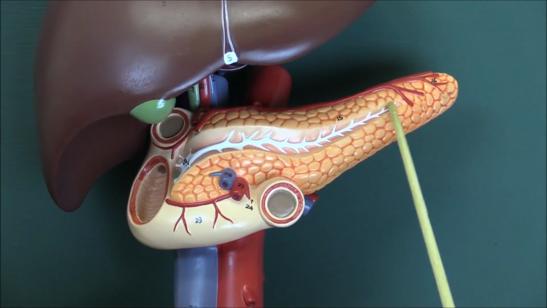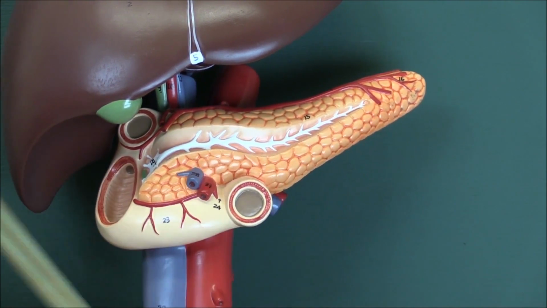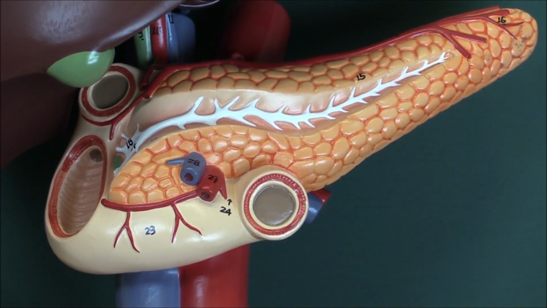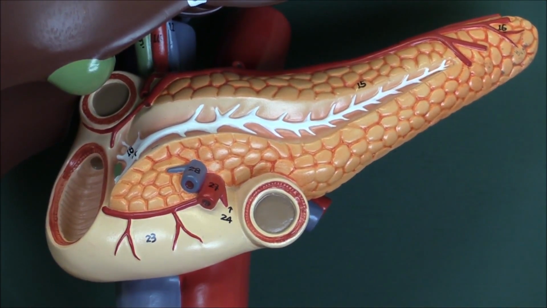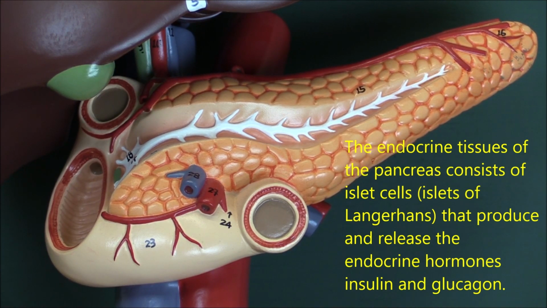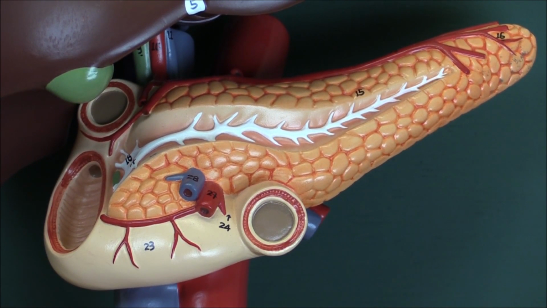You might also remember that in the pancreas there is endocrine tissue. The endocrine tissue in the pancreas is often described as the pancreatic islets of Langerhans. The alpha cells in the pancreatic islets produce glucagon, and the beta cells in the pancreatic islets produce insulin.